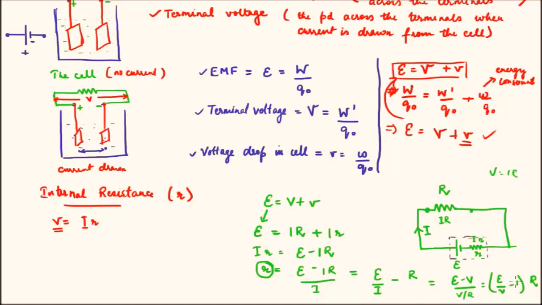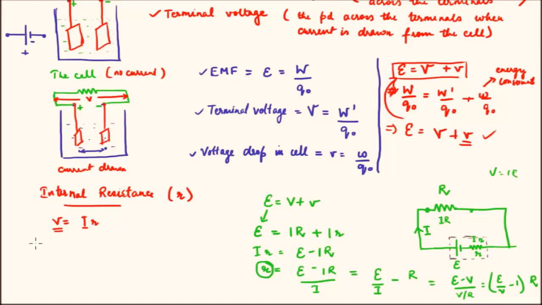Now that we have seen what is the internal resistance, and now that we understand that the presence of this resistance here leads to a potential drop across the terminal which is less than the EMF of the battery, let us see the factors that can affect the internal resistance.